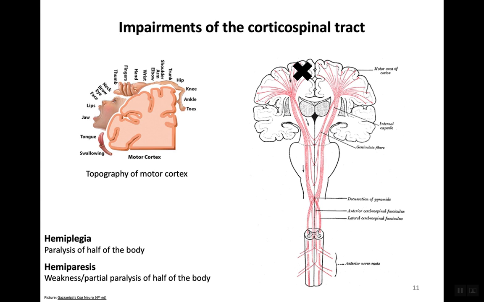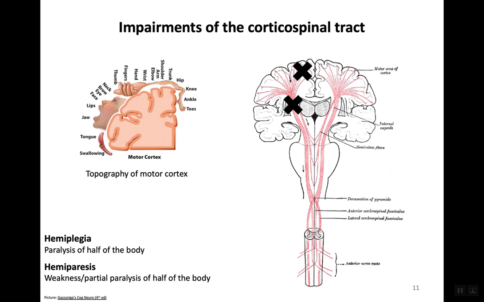Okay, so then what might happen if an injury of the same size took place not necessarily at the level of the cerebral cortex, but deeper within the white matter, at the location at which these fibers are all coming together into the corticospinal tract?